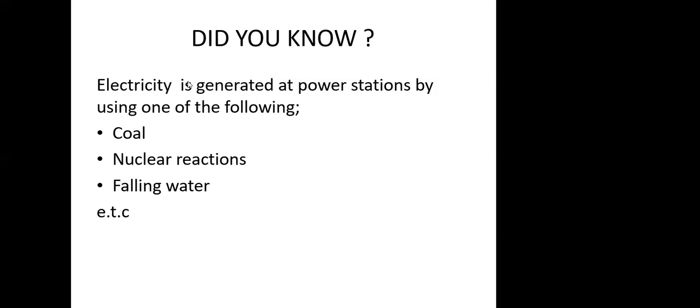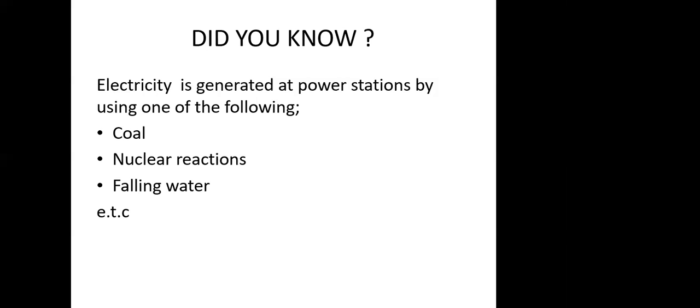Bujagali Power Station. If we have the Bujagali Power Station, and the water from the Bujagali Falls has turned the turbines that they put there, and now it has made the generator run, and the generator has now produced the electrical energy.